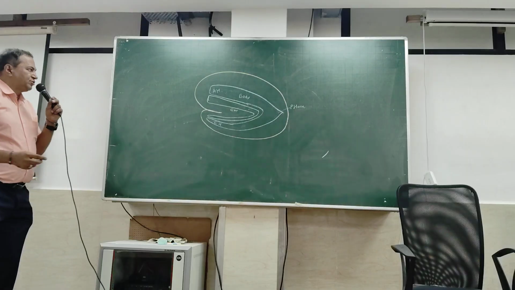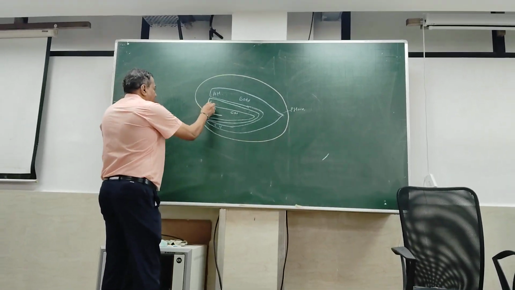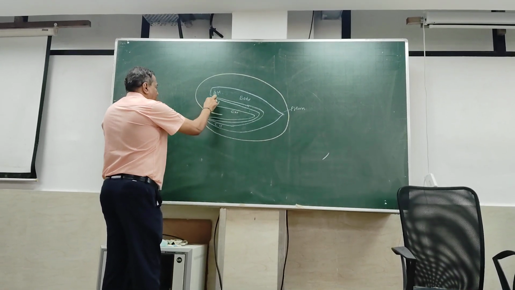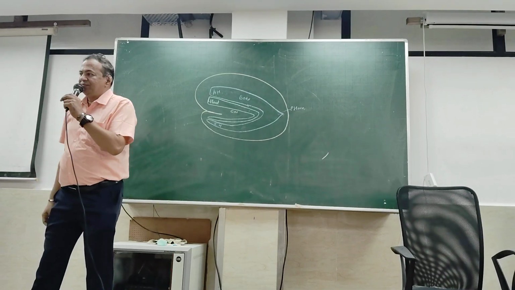Caudate nucleus also has a head, which will form the floor of the anterior horn.